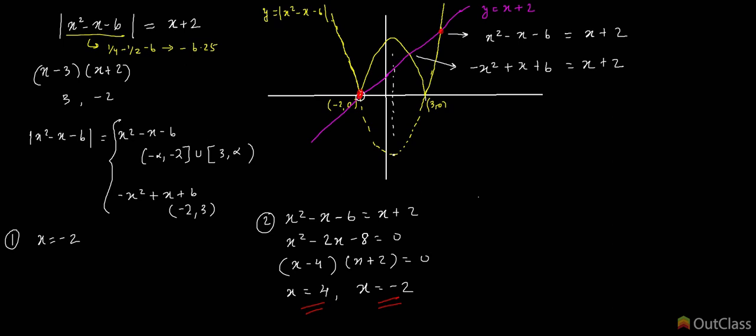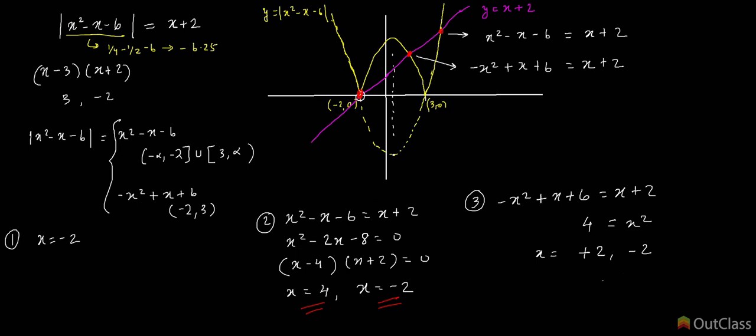Now the third root is from the flipped portion, the portion right here. That gives you minus x square plus x plus 6 is equal to x plus 2, which gives you x square is equal to 4, which again gives you x is equal to plus 2 or minus 2. The minus 2 is repeating because it is at the boundary between the flipped portion and the non-flipped portion.